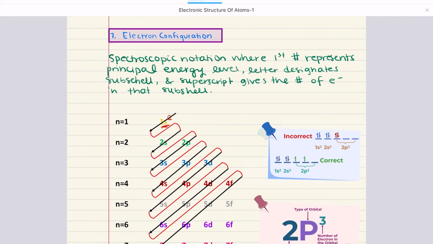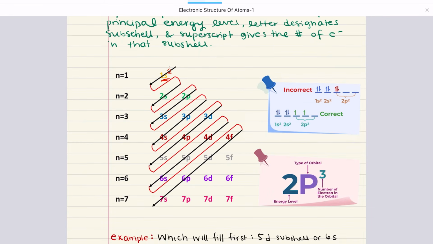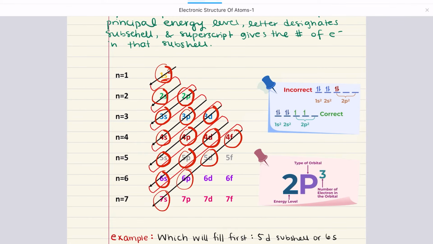Here we see a list of the ordering from lower to higher energy subshells. We have 1s, then 2s, then 2p, 3s, followed by 3p, then 4s, then 3d, then 4p, 5s, 4d, 5p, 6s, 4f, 5d, 6p, 7s, and so on and so forth.